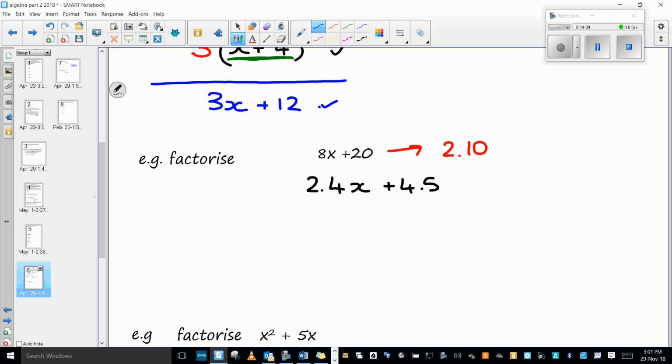So at this point, we say what's common. What do I see in both of these two terms? I see a 4. So I underline it. Okay? Now we must only write what's common once. So we write it at the front. And then anything that's left, so I had a 2 and an x, they were together because they're all in one term, plus 5.